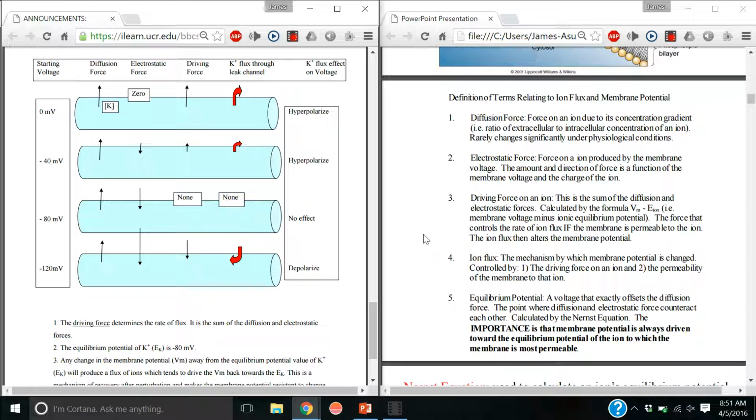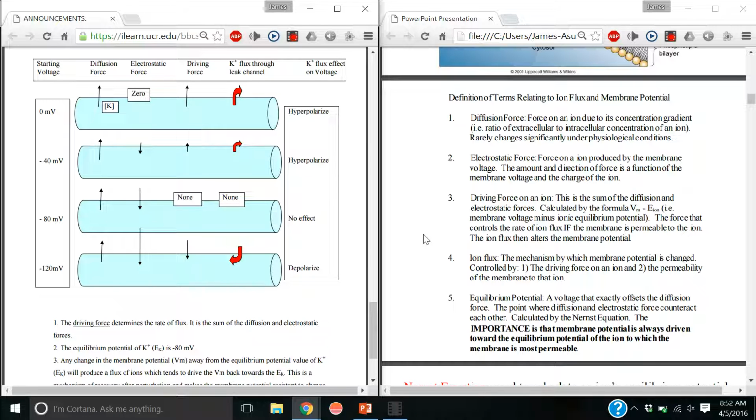At 0 millivolts, there's an efflux of potassium through the leak channel. And a result of that efflux of potassium, as I showed you before in an earlier example, would cause the membrane potential to hyperpolarize.